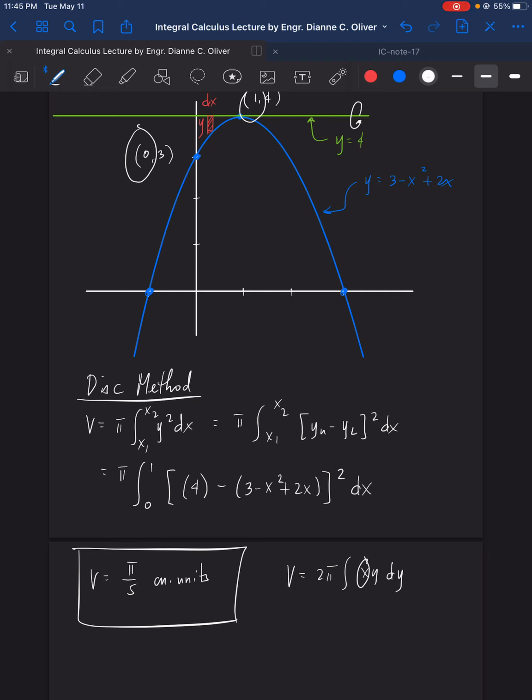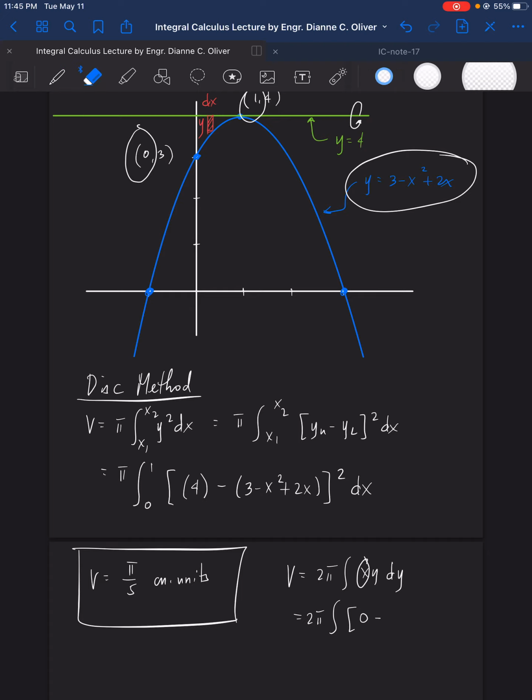So there's no problem with the x right, because x right will become 0 minus x left. How do we get the x left? How do we get the x of this equation? It will be more complicated.